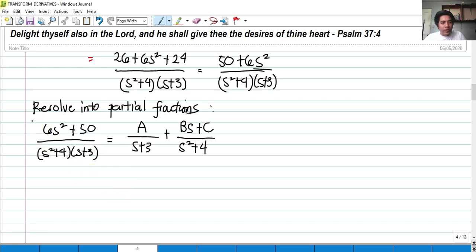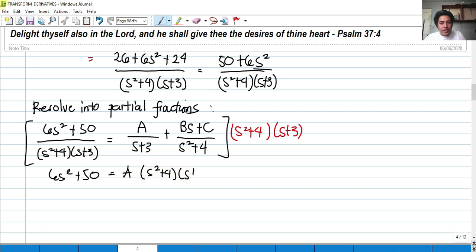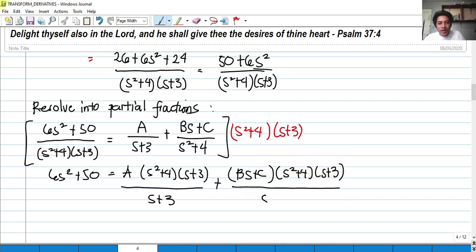If we multiply this whole equation by the denominator, s squared plus 4 times s plus 3, we simply have 6s squared plus 50 equal to A times s squared plus 4 times s plus 3 all over s plus 3, plus Bs plus C times s squared plus 4 times s plus 3 all over s squared plus 4.